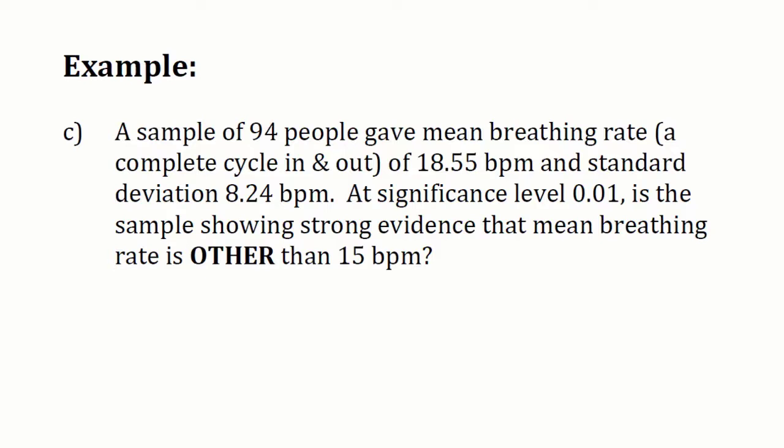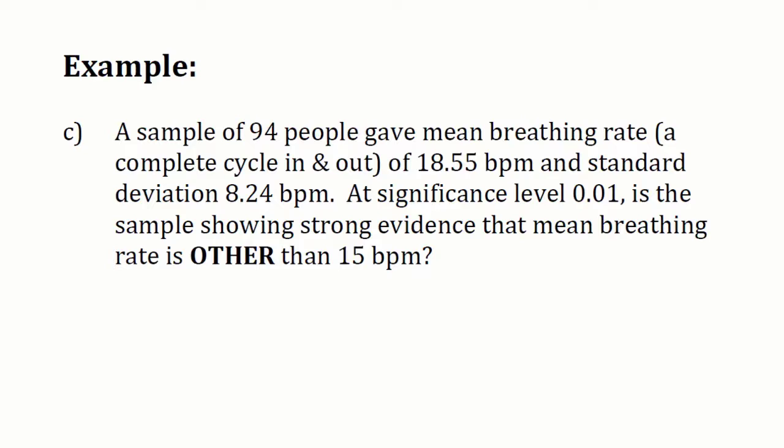In this example, we are given a sample of 94 people, with a mean breathing rate of 18.55 breaths per minute and standard deviation 8.24 breaths per minute. At significance level 0.01, is the sample showing strong evidence that mean breathing rate is other than 15 BPM? Again, BPM here the whole time stands for breaths per minute.